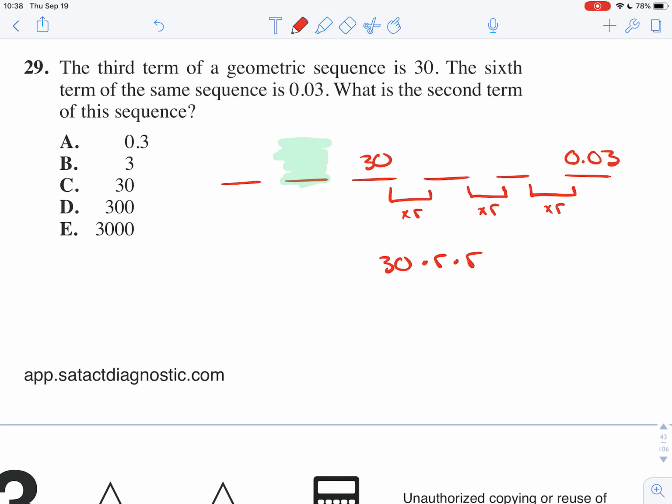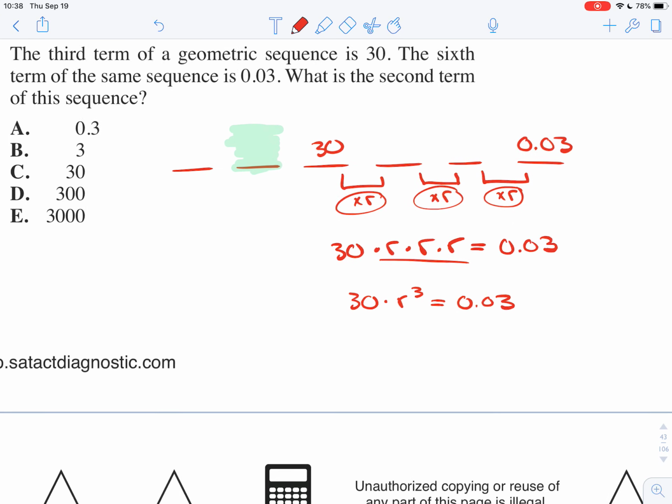So 30 · r · r · r yields 0.03. Well, this is expanded form. Let's simplify that using exponential form: 30 · r³ = 0.03.